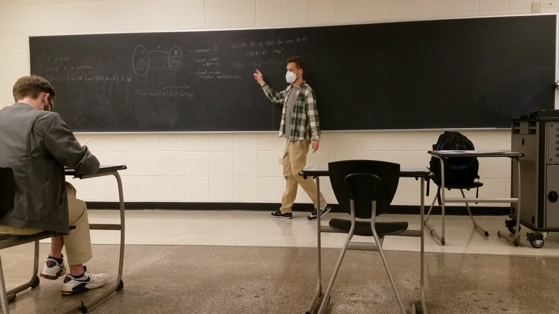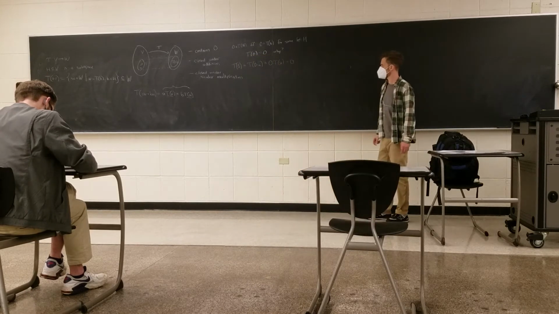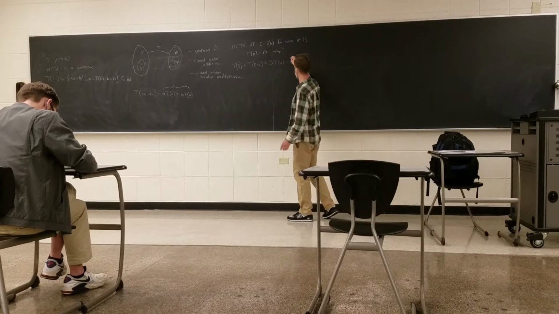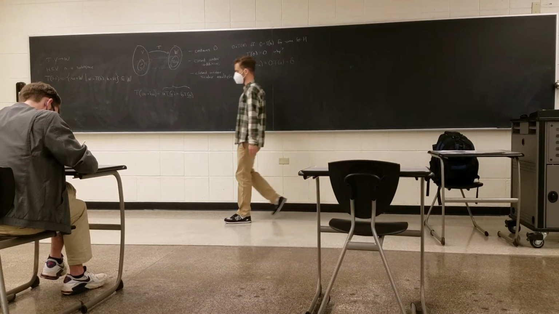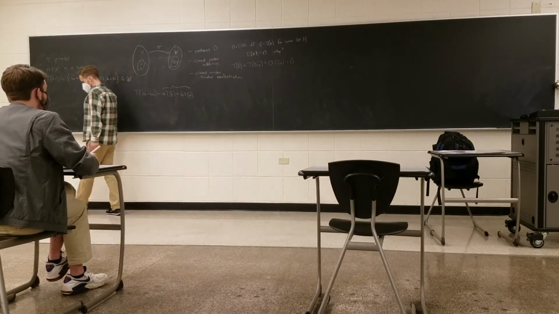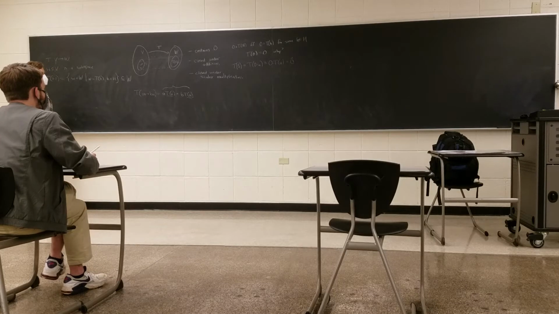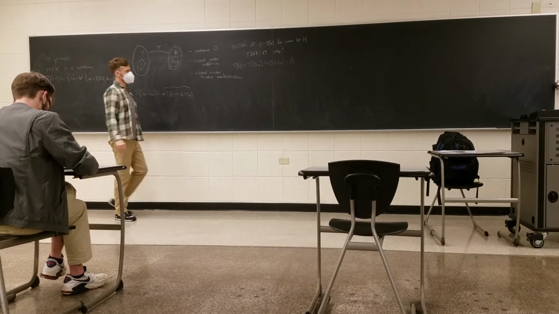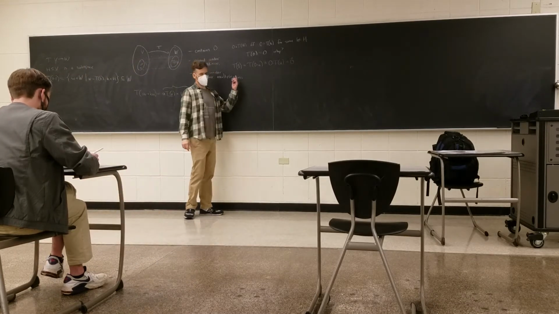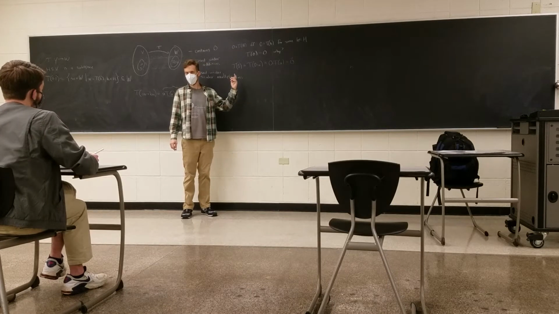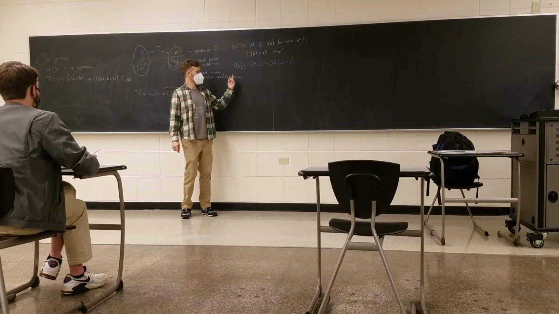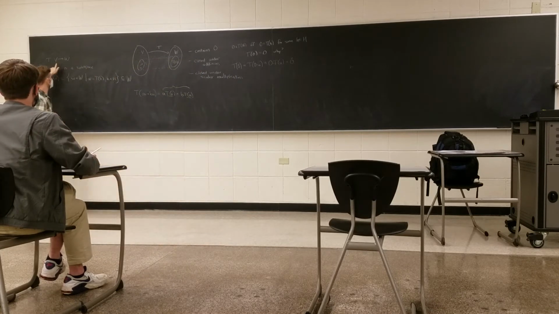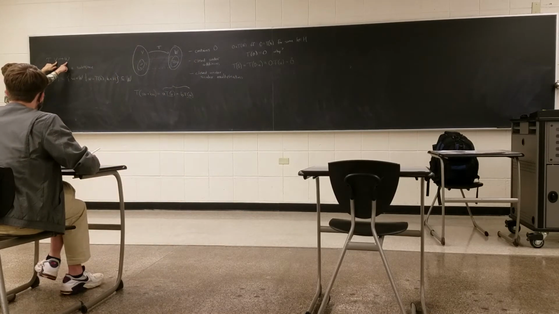Now I'm talking about the 0 vector. This is the 0 vector in different spaces. Every vector space has a zero vector, so this space has a zero vector and this space has a zero vector, but they're not the same thing.